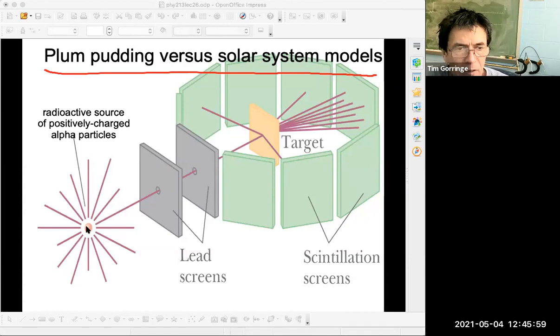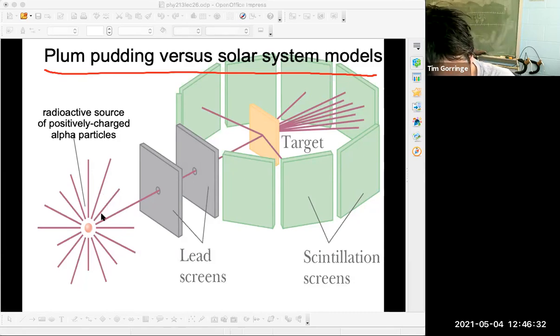But just think of them as a radiation, not of light or electromagnetic radiation, but of heavy, positively charged particles, like little positively charged bullets. So with these lead screens or lead collimators, see the holes, a beam of the positively charged, heavy alpha particles was produced.